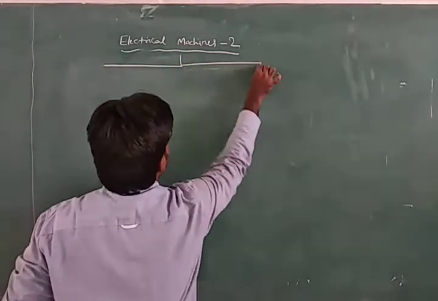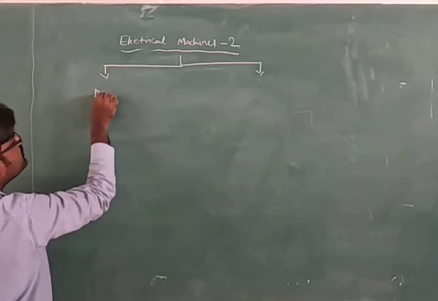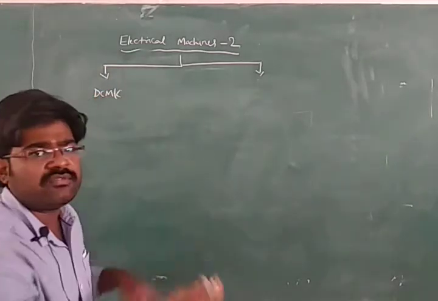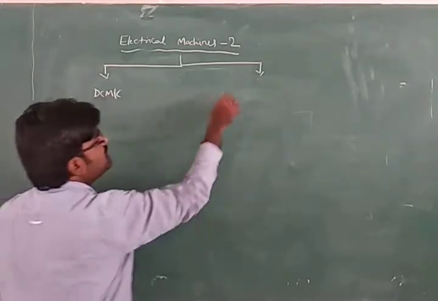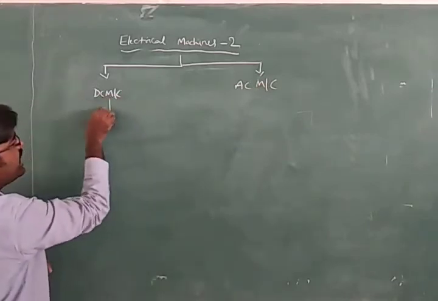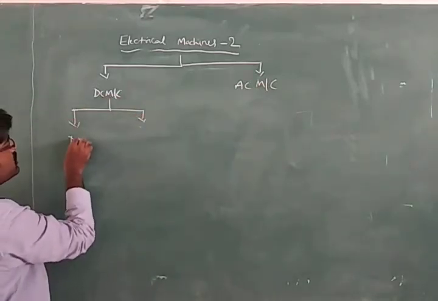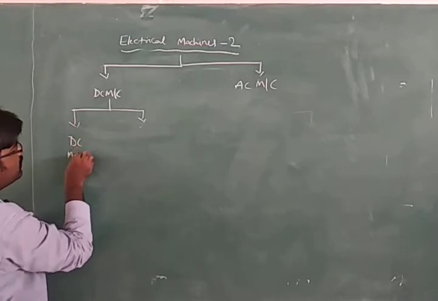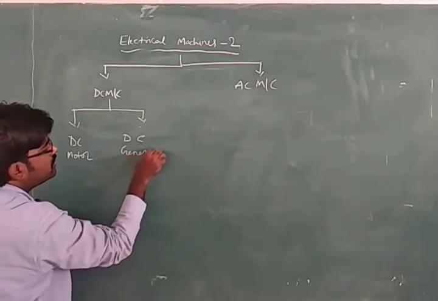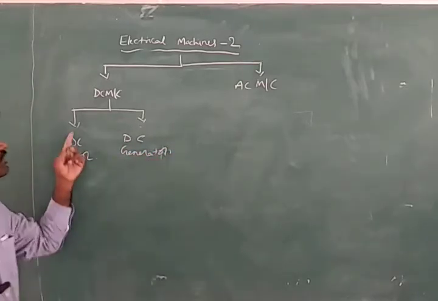One is DC machines and the other is AC machines. We'll see the overview of the classification once again for more clarity. DC machines are again classified into two types: DC motor and DC generator.